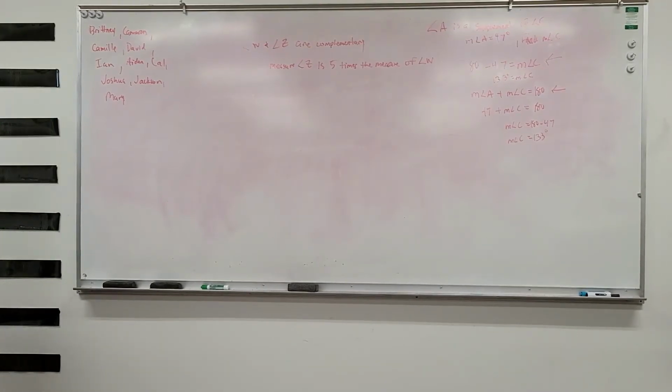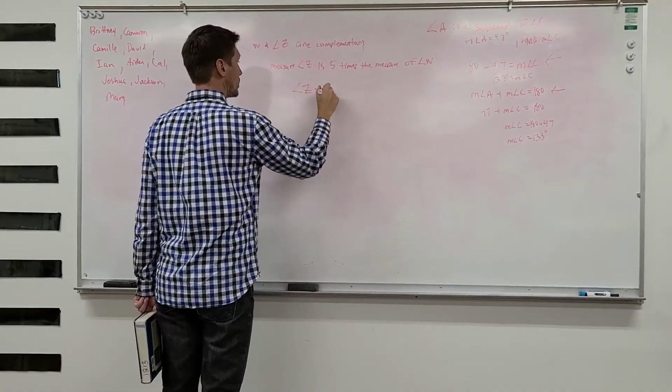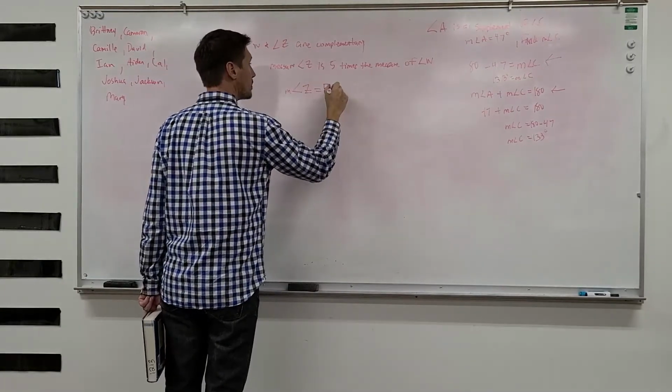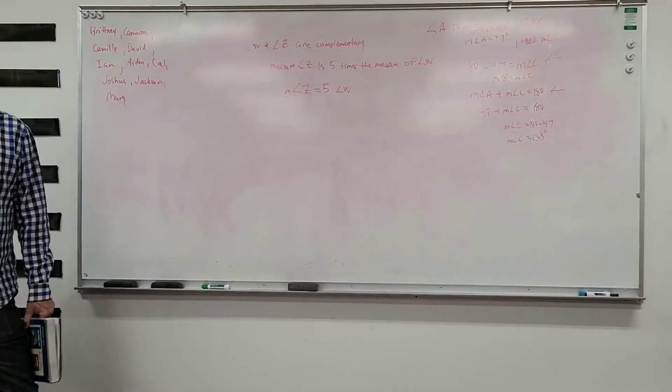So you could go the measure of angle Z equals 5 times the measure of angle W. Angle Z, the measure of that equals 5 times the measure of angle W. There's our first equation, all right?